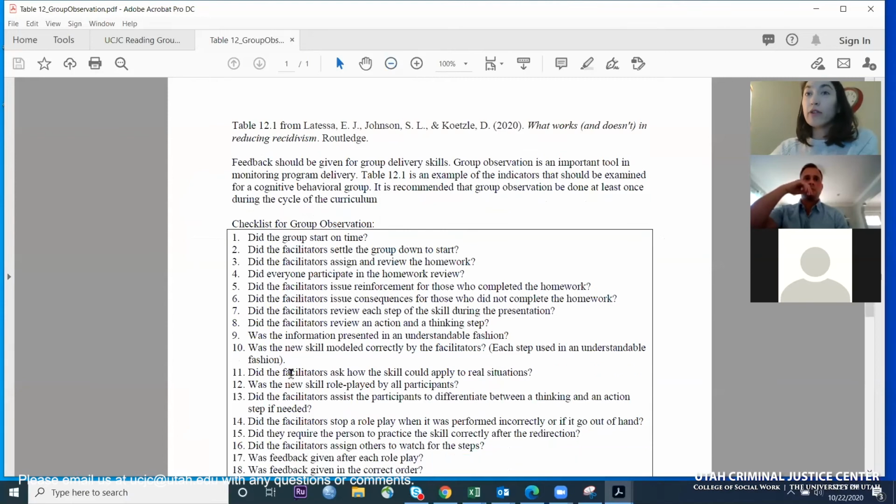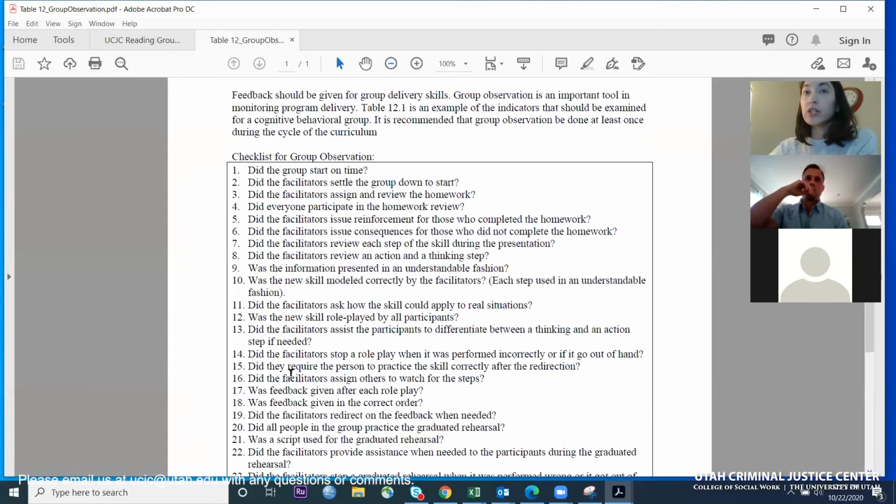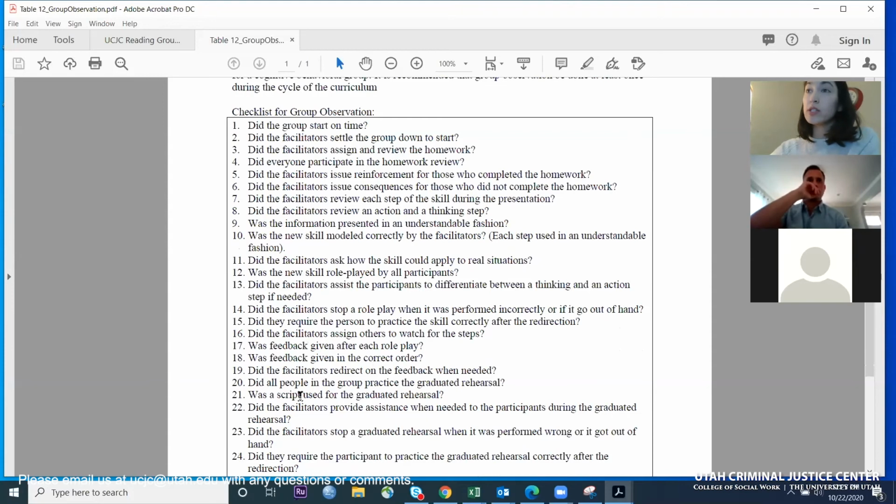And they offer in their text some really great questions. So just highlighting, feedback should be given for group delivery skills. It's an important tool in monitoring program delivery and quality assurance. And I like how they say here that group observation should be done at least once during the cycle of the curriculum. So you can see a list of questions here.